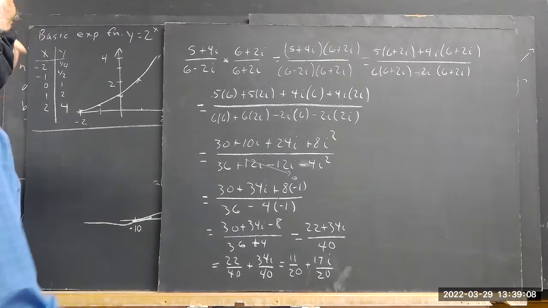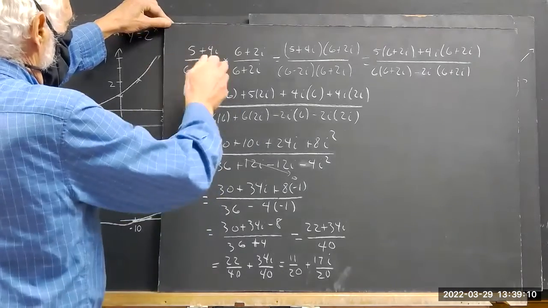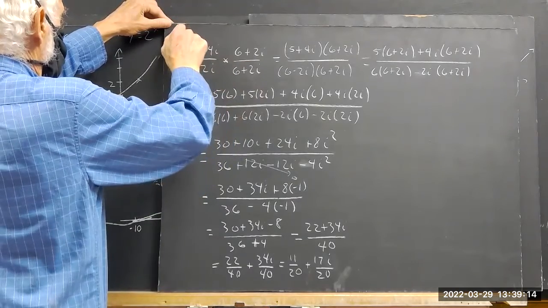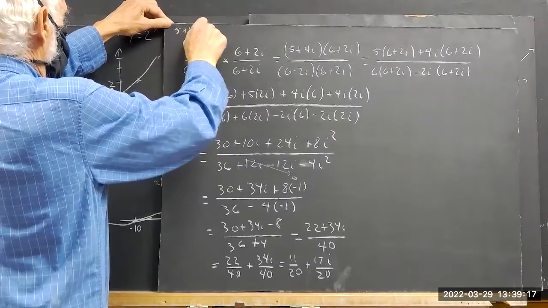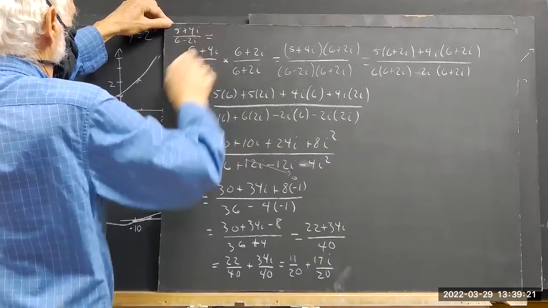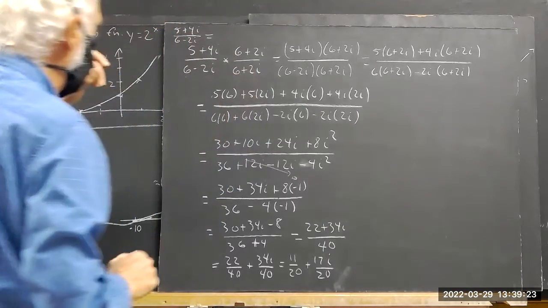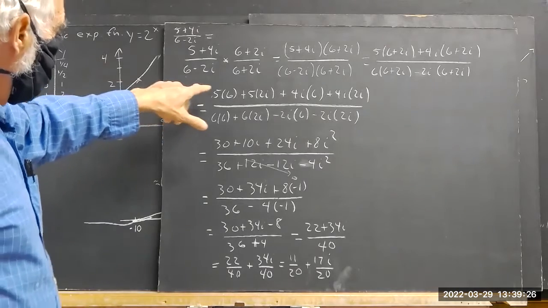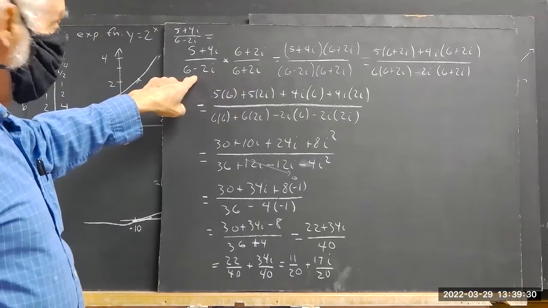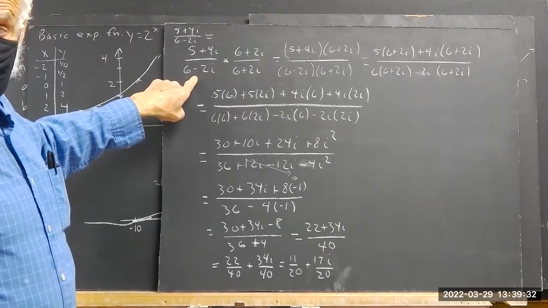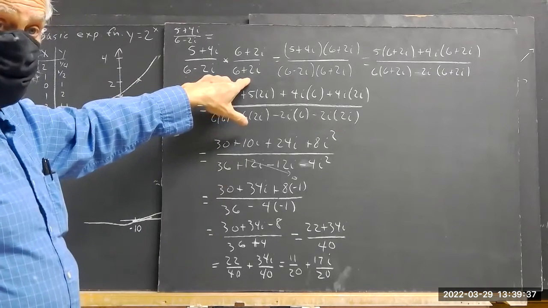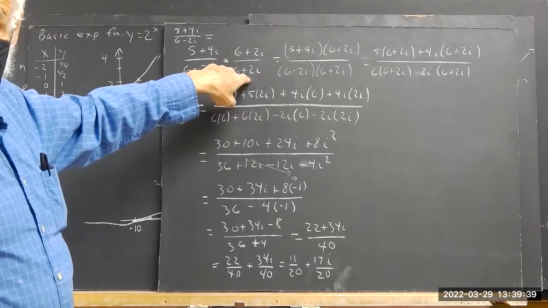Now, to actually complete this and see where we are, I should have written down this as a second step, and I'm just going to say 5 plus 4i over 6 minus 2i equals this. 6 plus 2i is called the complex conjugate of 6 minus 2i. So whatever your denominator is, you multiply it by the complex conjugate, and you're going to get a real number.